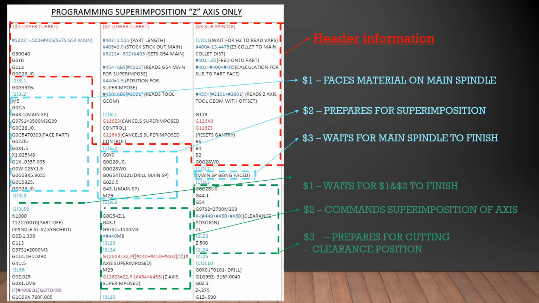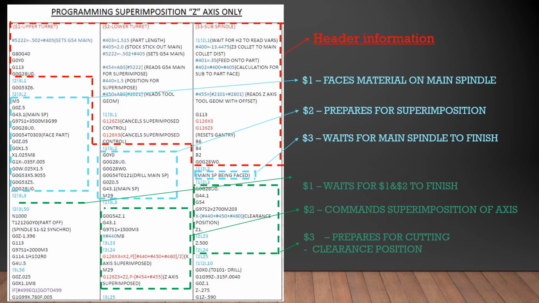In superimposition we're not concerned about the diameter for X, but the actual physical movement that shows in position on the position page. Dividing by 2 gives us that shifted value between the centers, between the X2 center where it's drilling and the X3 center.